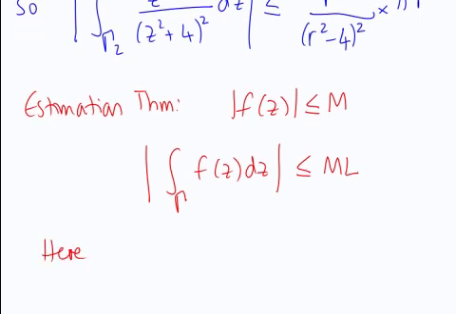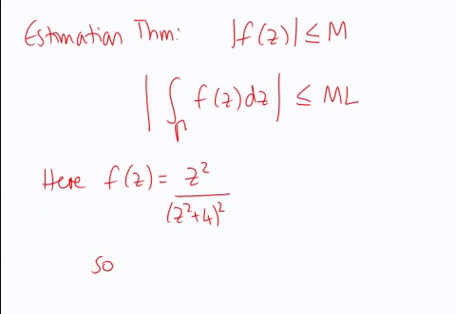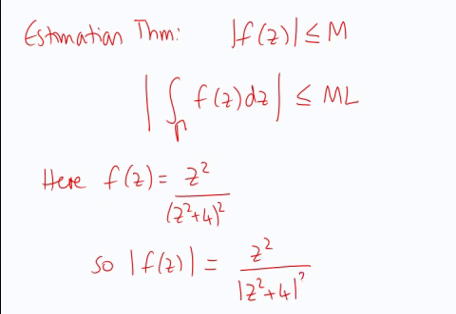And here what we had was that f of z was z squared over z squared plus 4 all squared. So the magnitude of f of z, and again you can drop some of the modulus signs, and then because of the triangle inequality we had that, and then the magnitude of z, as I said, is the same as r on the semicircle.